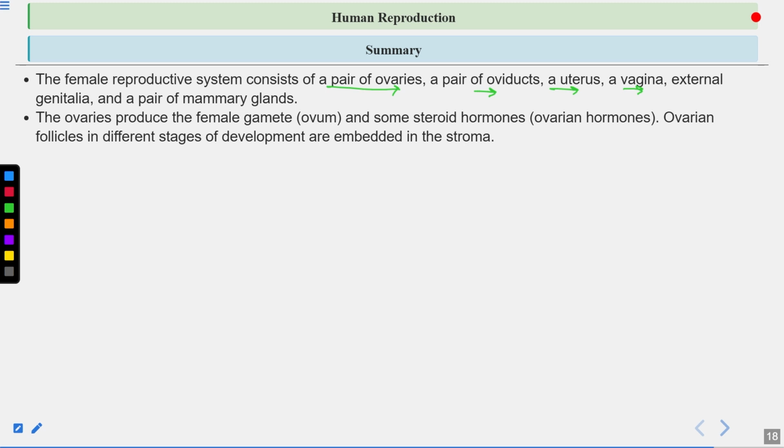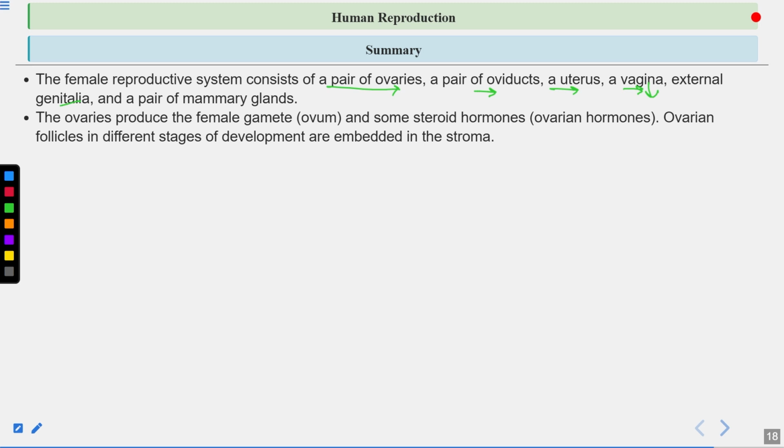The vagina along with the cervical canal forms the birth canal. Then the external genitalia consist of mons pubis, labia majora, labia minora, hymen, then clitoris.